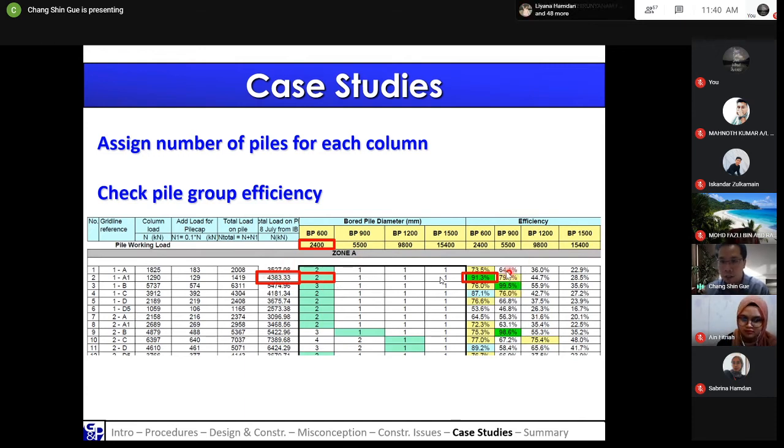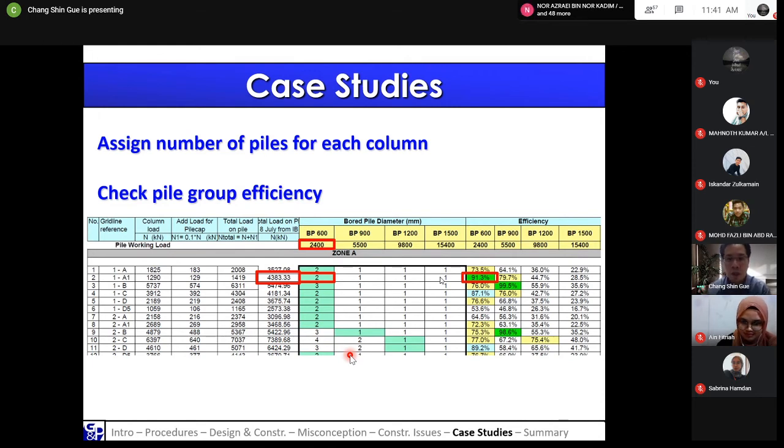You can see this becomes 79%, less than 80%. Of course, you want to choose the most efficient. So like this example, this configuration gives you the most efficient group, which is two 600 diameter bored piles. So you will carry out this analysis to find out the most efficient pile group for each column.